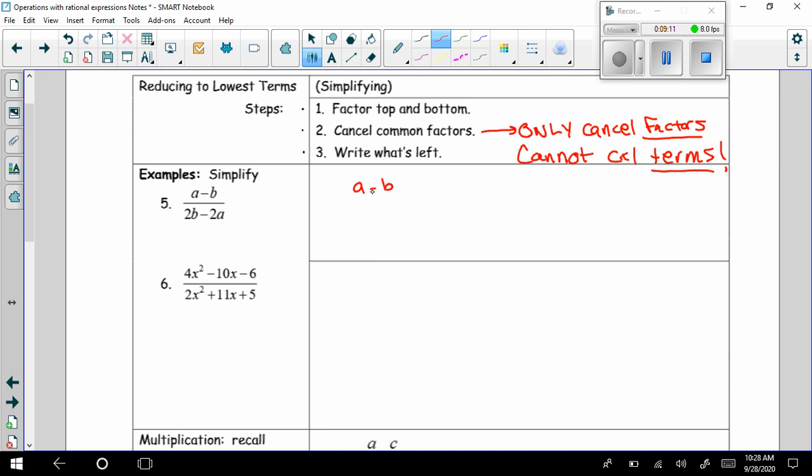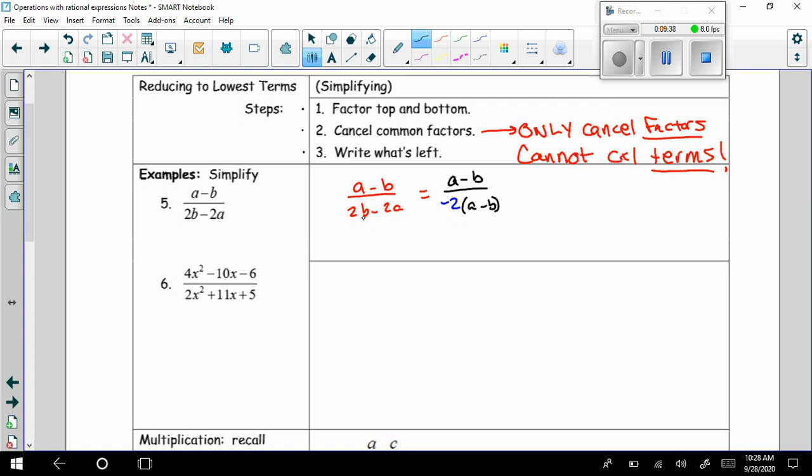So for example, we have a minus b over 2b minus 2a, excuse me. I see two things here. I have an a minus b, and I have a b minus a. So on the bottom, I'm actually going to factor out a negative 2 to get those tops to match. So a minus b over, and I'm going to pull out a negative 2, and then this will become a minus b.